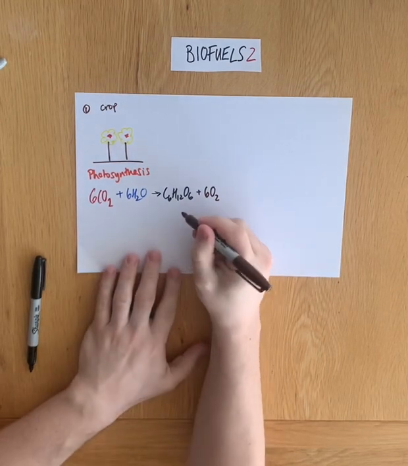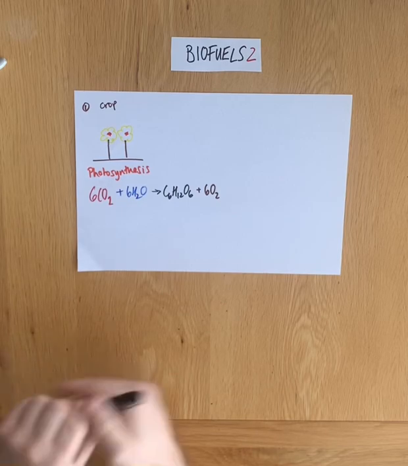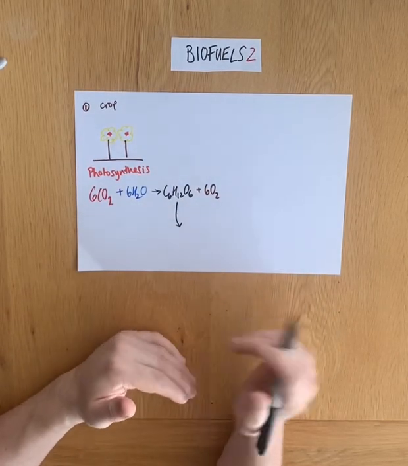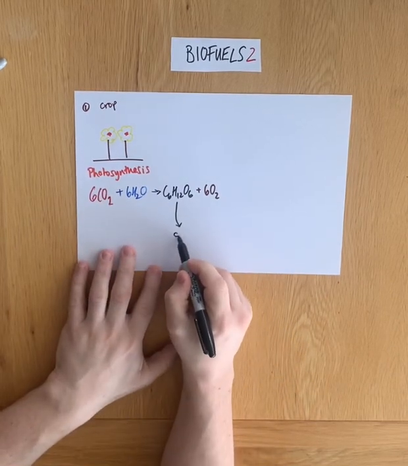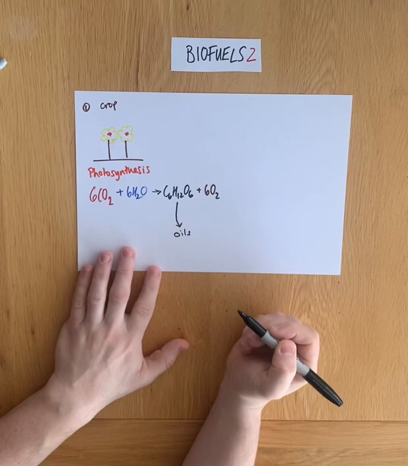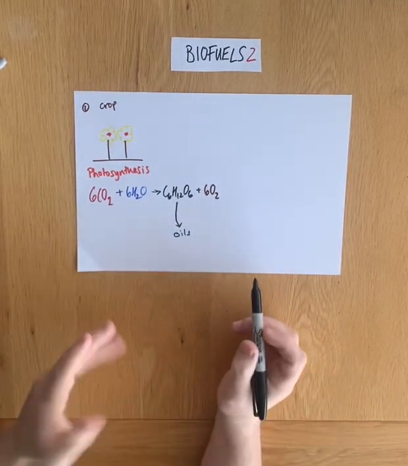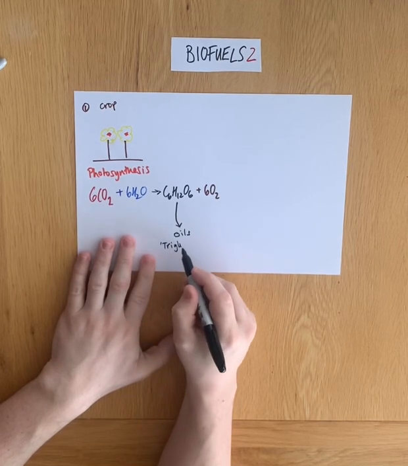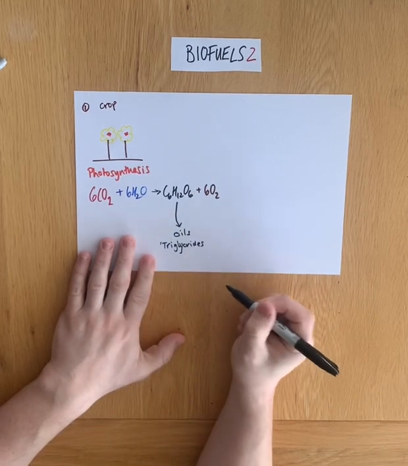Now, this glucose, you will know from GCSE biology that some of the glucose that isn't respired by the plant can be converted into oils. The process is far too complicated for us to worry about here, but we end up with triglycerides.